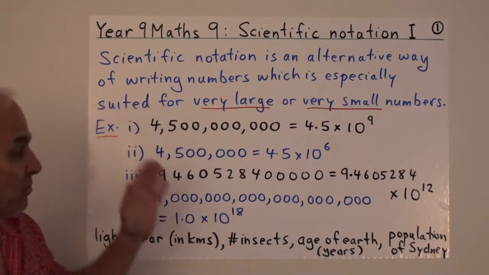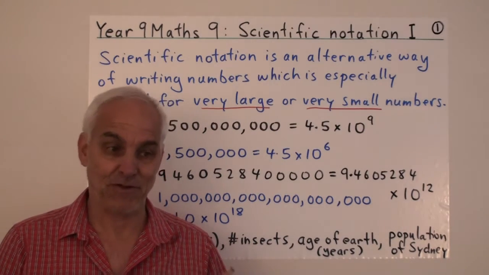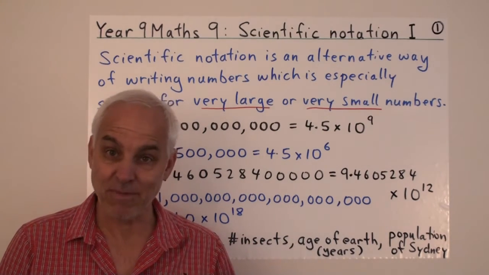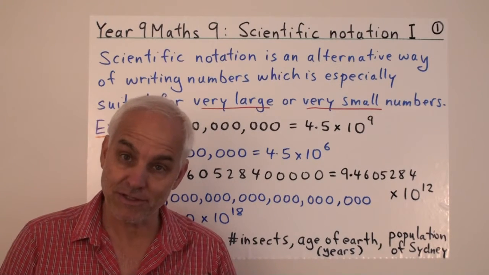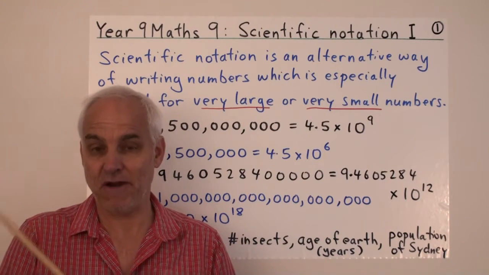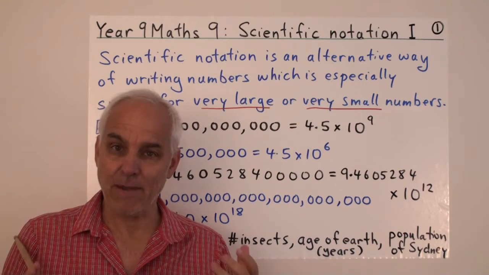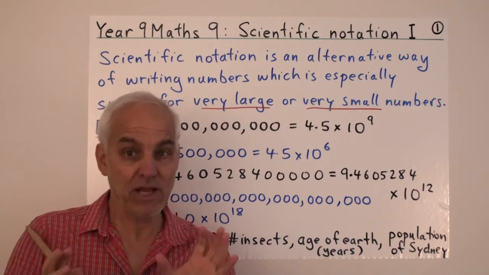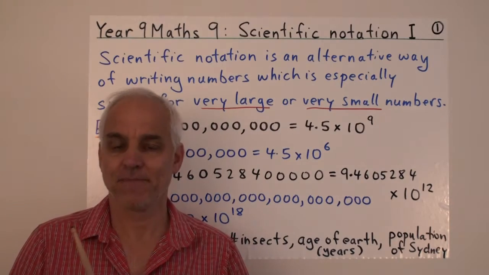It's extensively used in the sciences, as the term suggests. So physicists, chemists, biologists, engineers will use scientific notation. It's a very convenient way of writing down a number in such a way that you can pretty quickly get a sense of how big or how small it is.